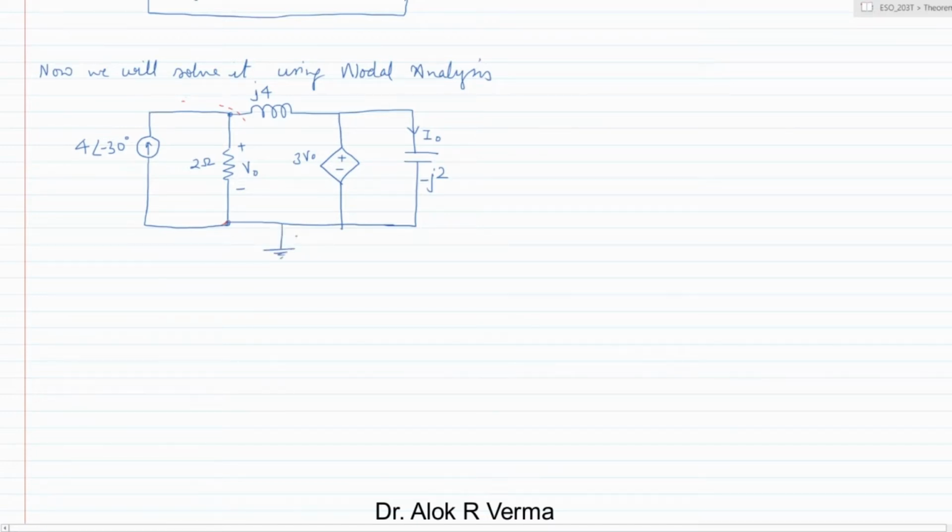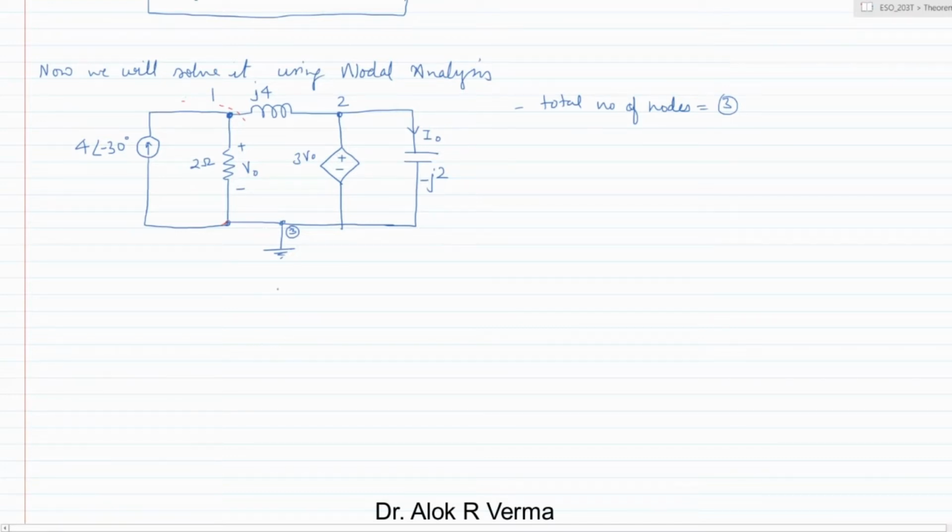This is the reference node. Let us assume that this is node 1 and this is node 2. The total number of nodes we have identified is 3, out of which node 3 is the reference node. So we'll be applying our nodal equations at 2 nodes.